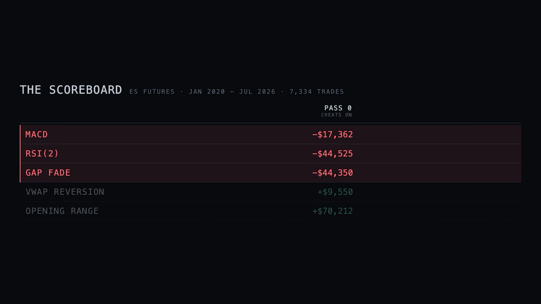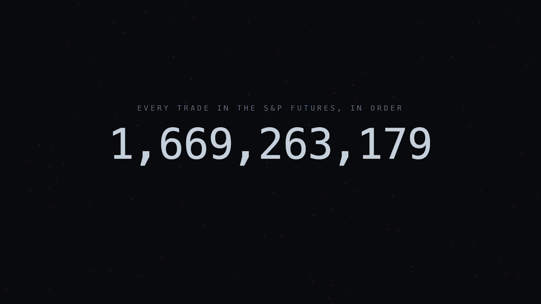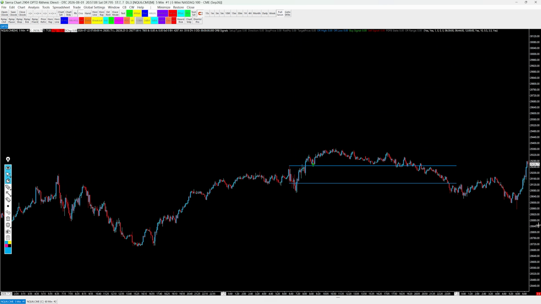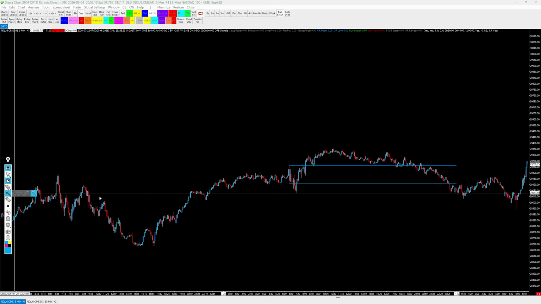So to continue to test those 2, guessing isn't good enough anymore. I needed to know what actually traded. And for this, I needed the tape. 1.7 billion ticks. This is every trade in S&P futures in order for 6.5 years. Right now with Sierra Chart, all this is sitting locally on my system. I don't have to pay for a cloud bill, API paywalls, and nobody deciding what resolution of tick data I was allowed to have.